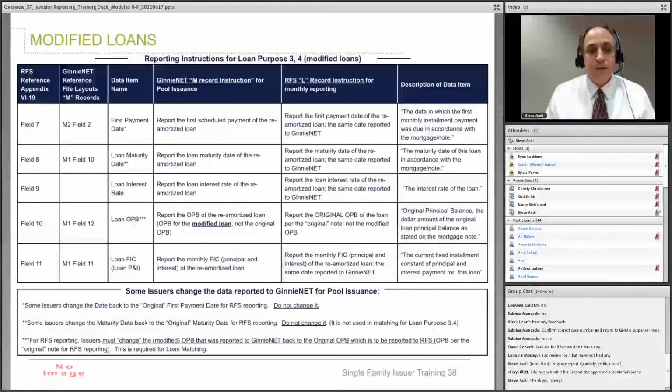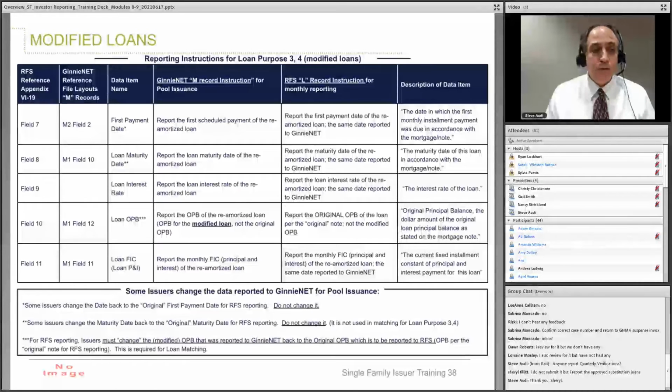First payment date, loan maturity date, loan interest rate, loan OPB, and loan FIC. On all of those but the OPB, you are to report the modified value when you are reporting on your L record.